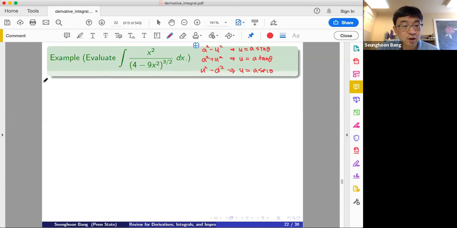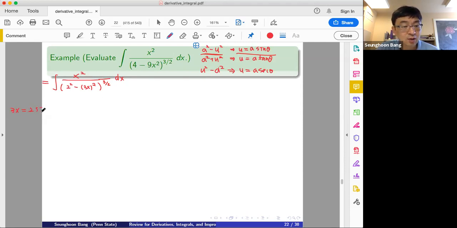So what does it mean? You can change this to the integral of x squared over (4 is 2 squared minus 9x squared is (3x) squared) to the power 3/2 dx. What does it mean? It is similar to the constant squared minus function squared form. So what's u? u is 3x. So we have 3x equals u equals 2 times sine theta.